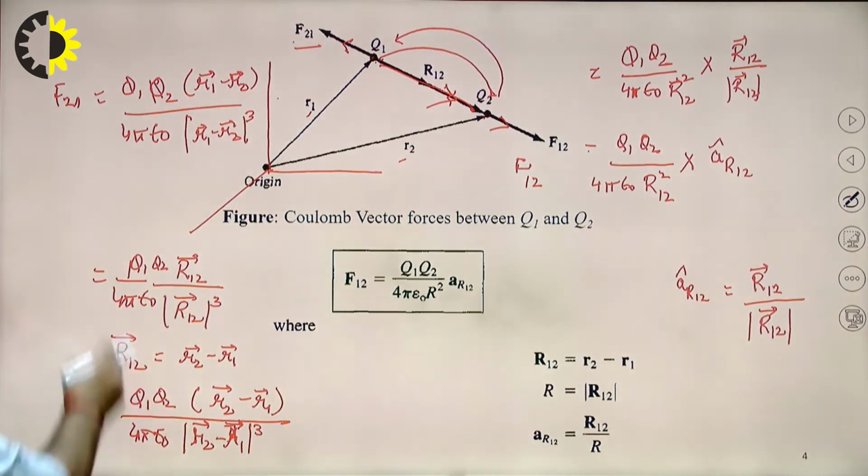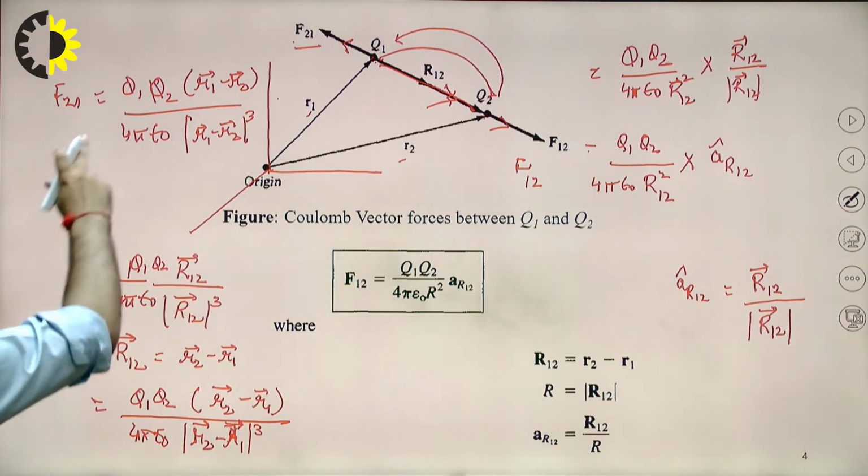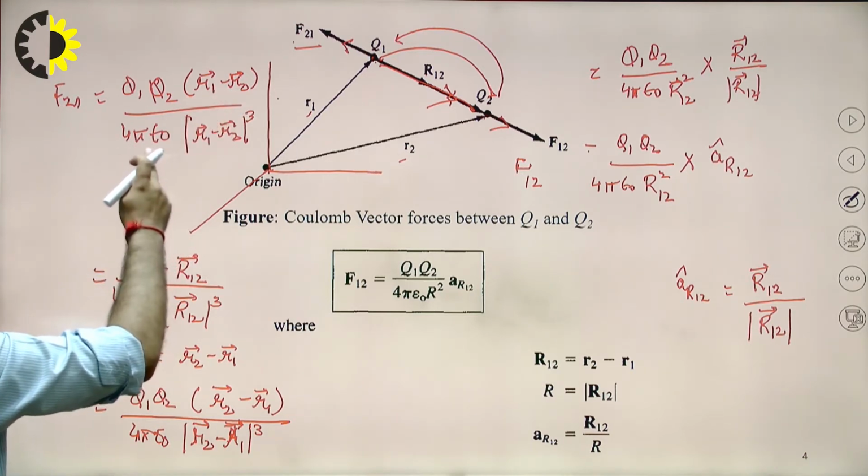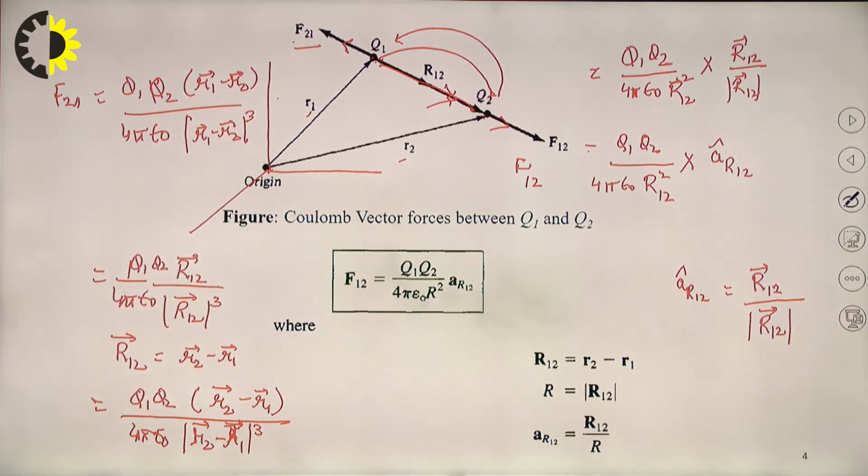Clear? So you will see here that F21 will be q1 q2 (r1 minus r2) divided by 4 pi epsilon naught, r1 minus r2 to the power 3.